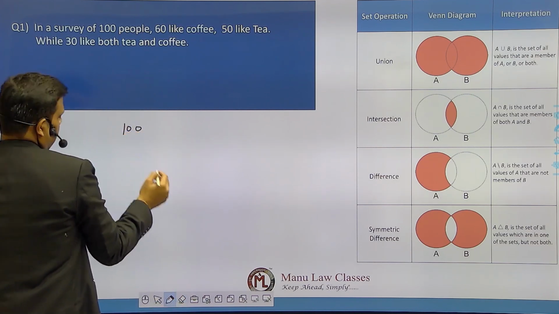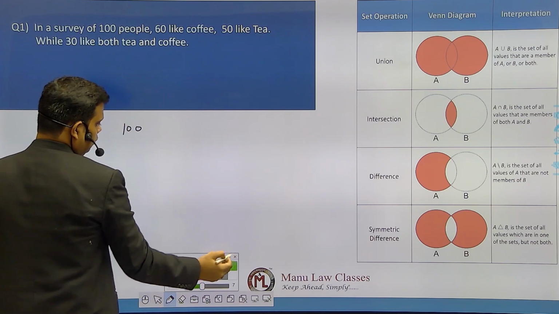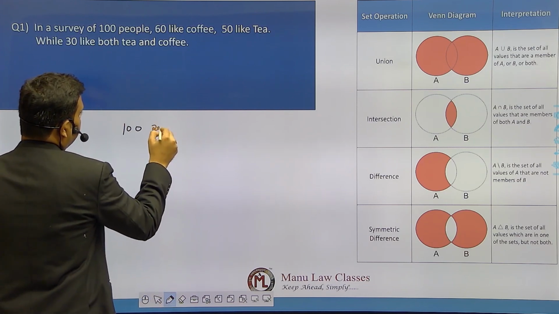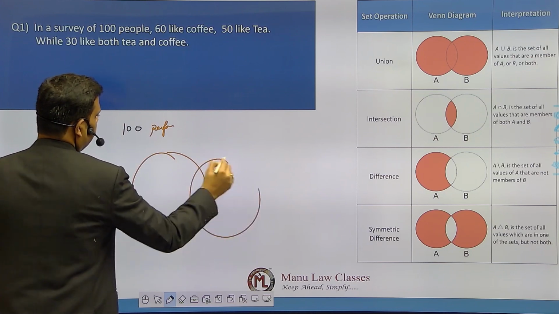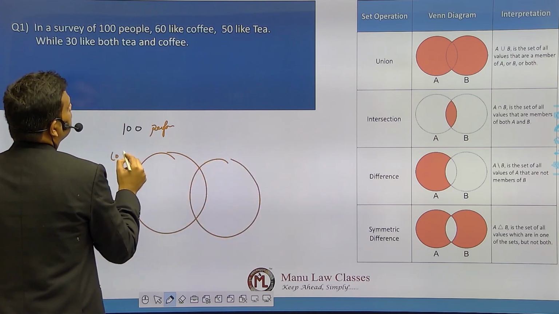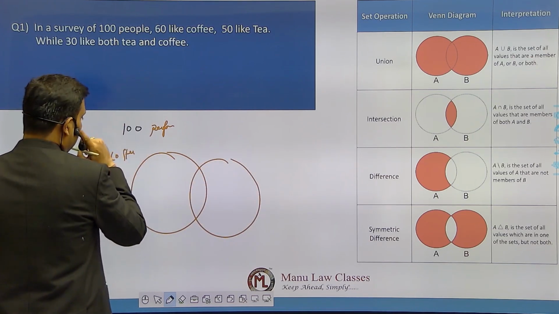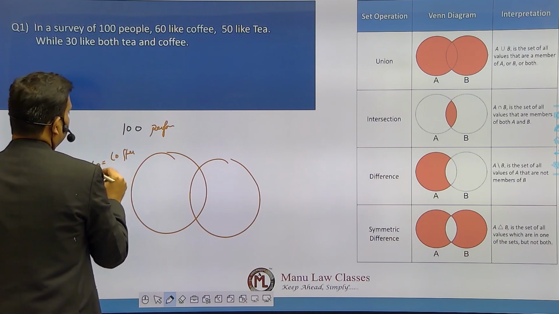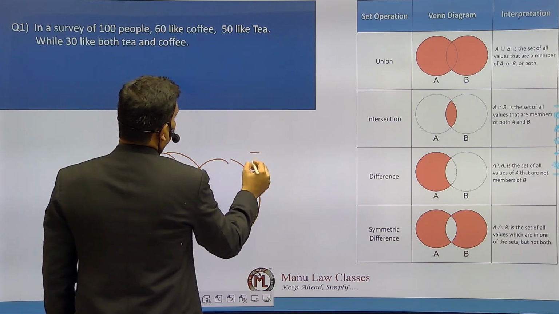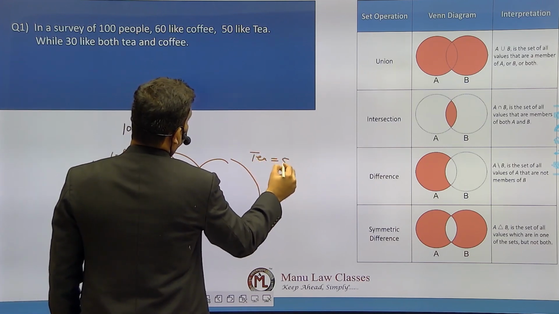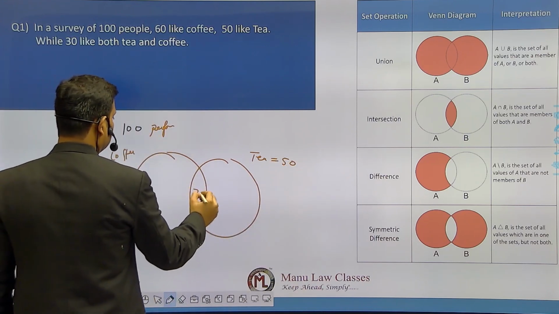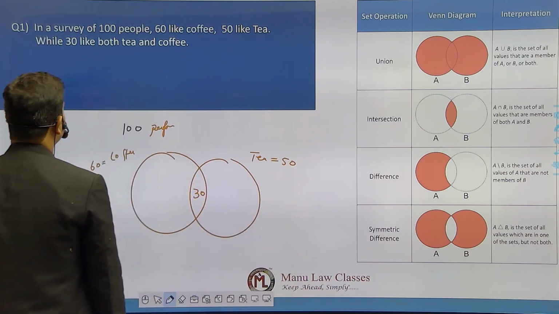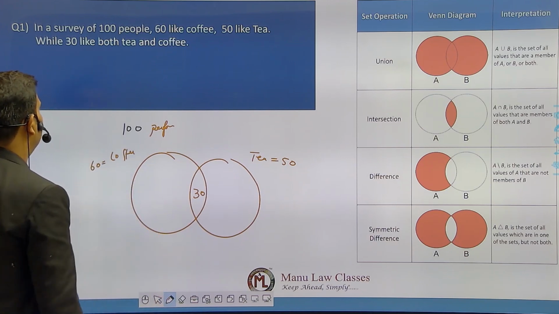So what we have to do is write the domain here, 100 people given, and 60 like coffee, so this domain is for coffee, right? And these are 60, correct? And this is for tea and these are 50, correct? 30 like both, so again it is common here. The question is we have to define all the values.